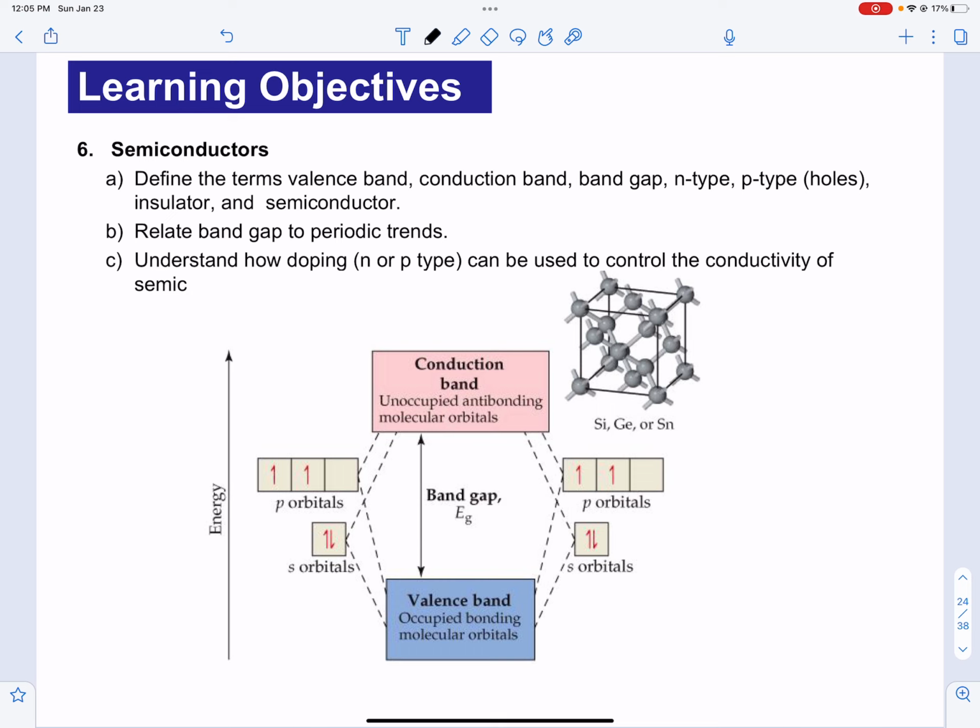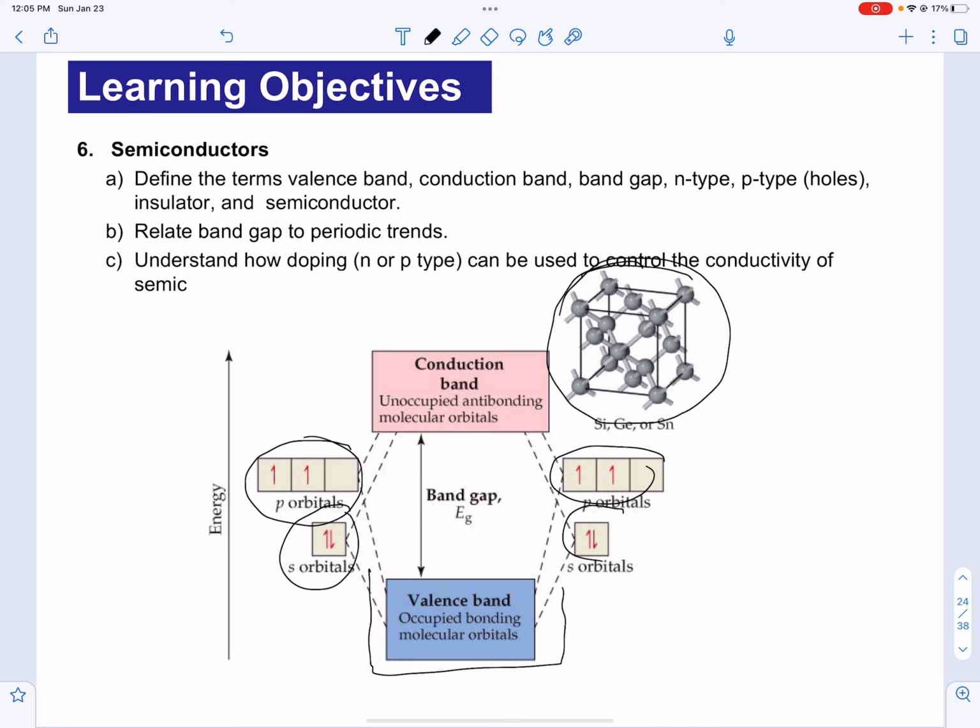So for example, if we have a unit cell, like the ones we discussed earlier, where you have a lot of atoms, the atomic orbital of each one of them is going to give you a band where you have electrons, and another band where you have no electrons.